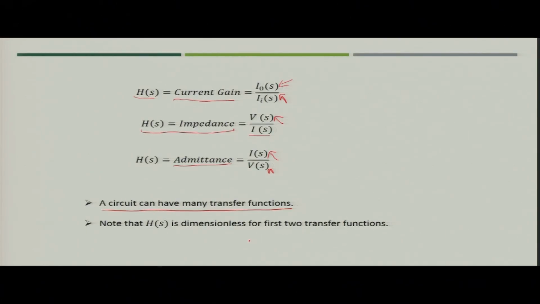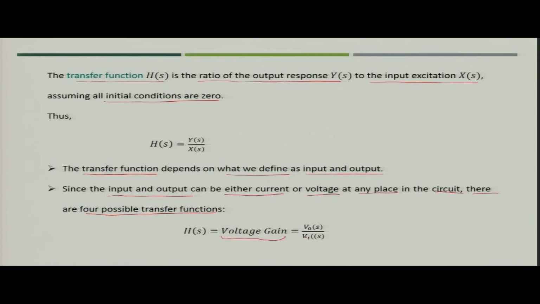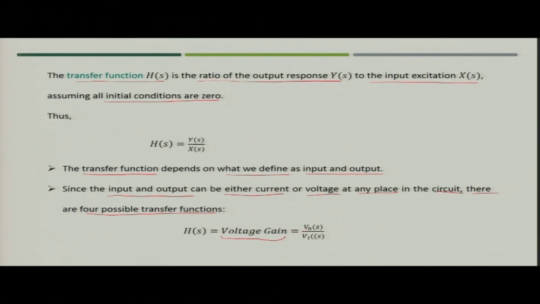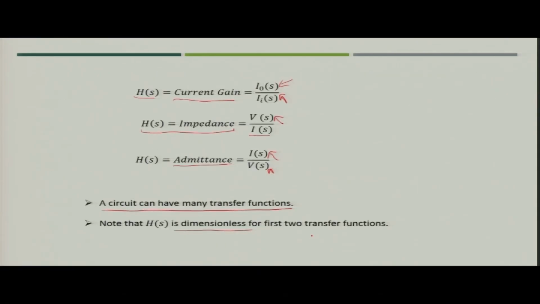Now, if you see the first two transfer functions, that is voltage gain and current gain, these are dimensionless because the output and input quantities are the same. So, for these two cases the transfer function will be dimensionless.